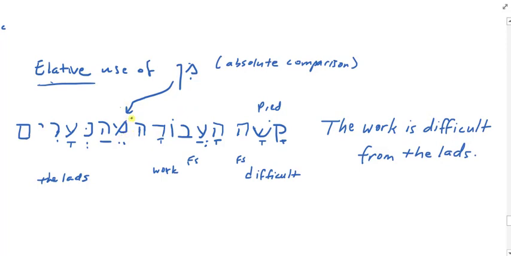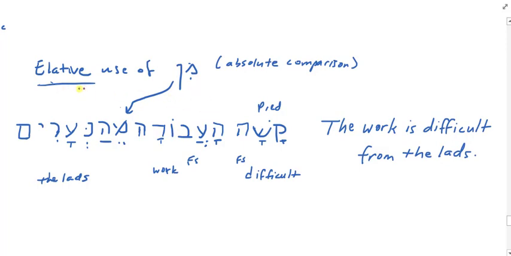What if we try the normal comparative use of min? What would I be saying then? Difficult is the work compared to the lads. That is to say, this work is actually more difficult than lads are difficult. That doesn't really make sense here either. So what use of min are we talking about now?